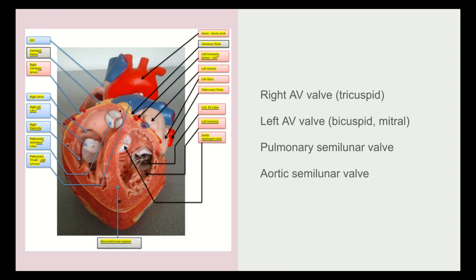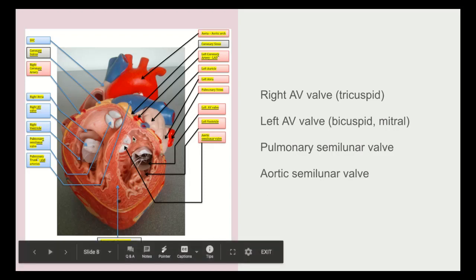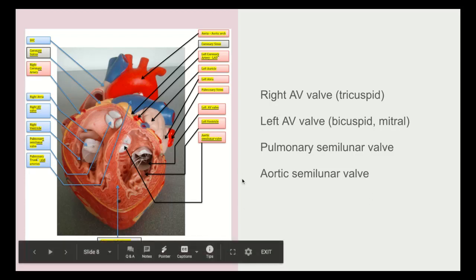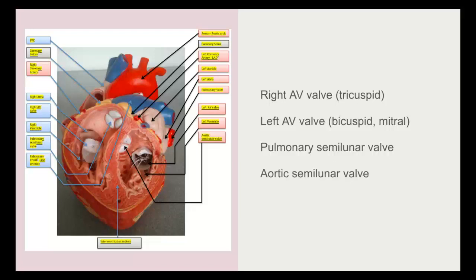So the pulmonary semilunar valve is going to be going out to the pulmonary trunk, okay? And then the aortic semilunar valve is going to be going from the left ventricle up to the aorta. So again, those names kind of make sense with where they're going, to the pulmonary trunk or to the aorta, respectively. But again, all of these names are very important to know and to recognize when you're looking at the flow, so that you can actually visualize all of these things and know all these structures that it's running through to get to a certain area.